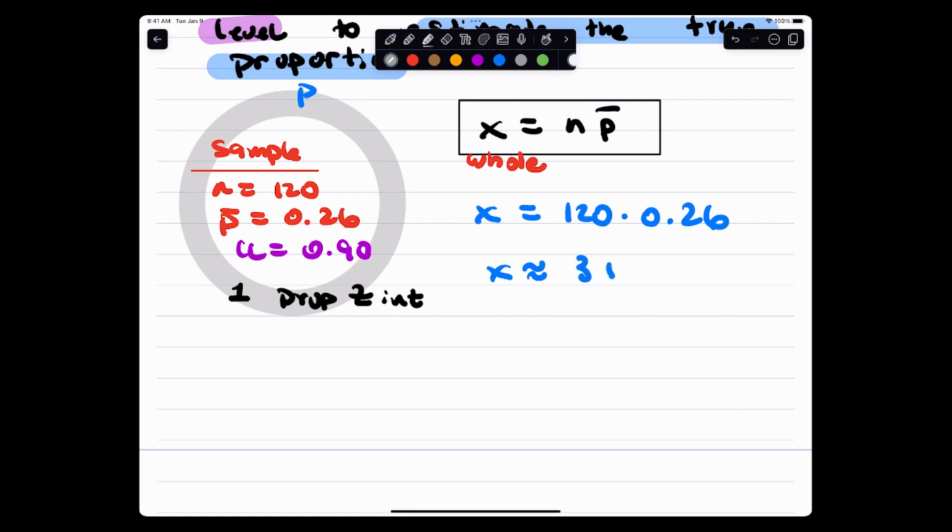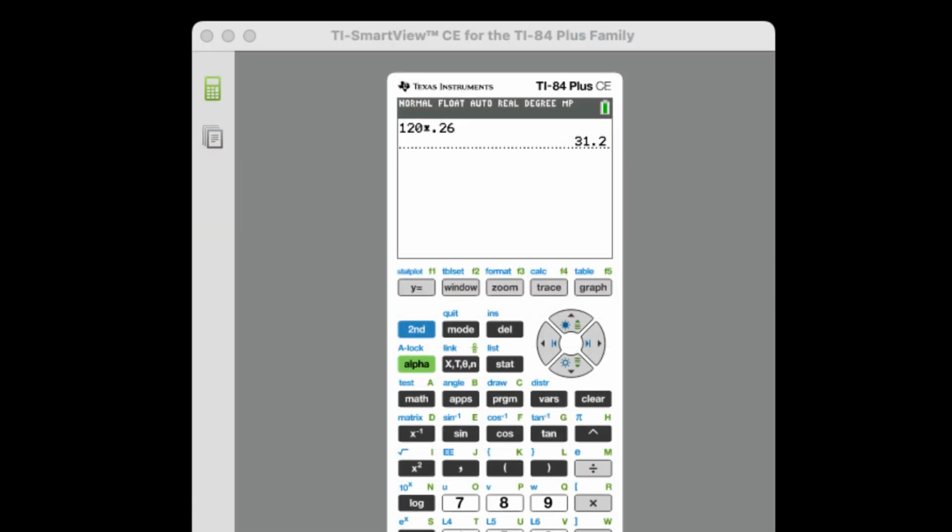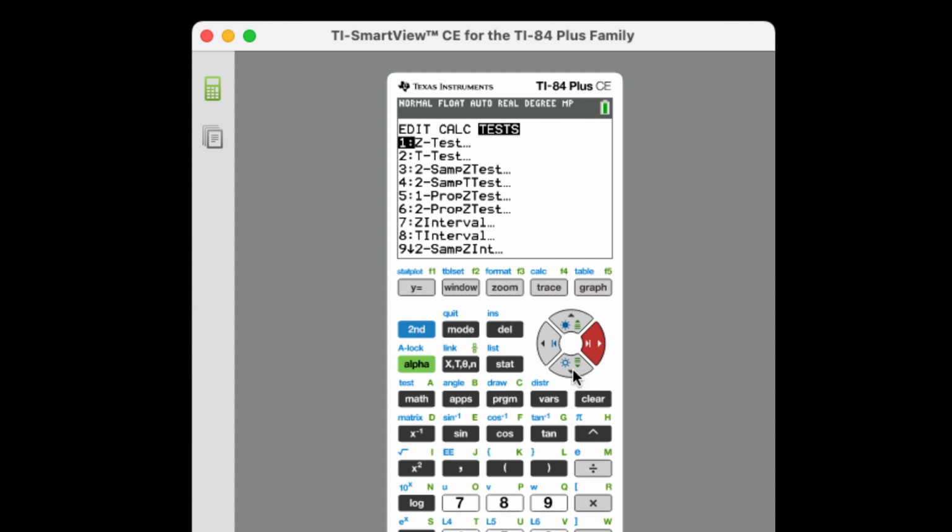Do you guys remember the homework on that? Look at that, ladies and gentlemen. You got everything you need. Okay. So we're going to go in the TI. What do we hit again? Stat. Test. 1 proportion Z interval.